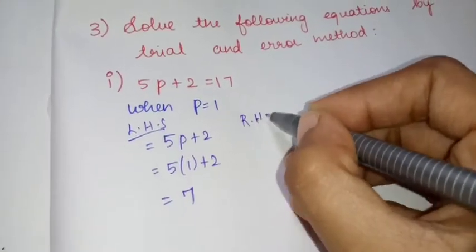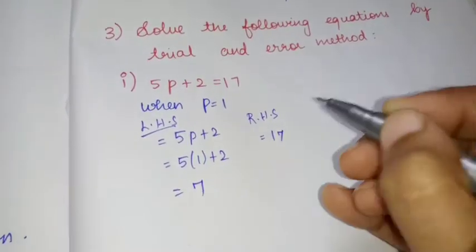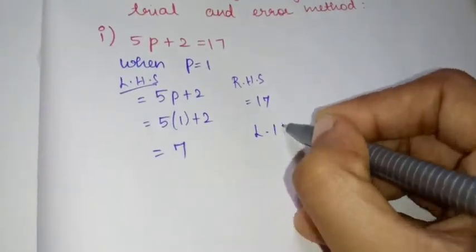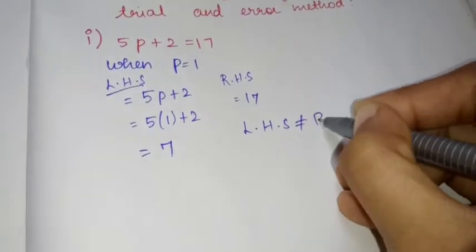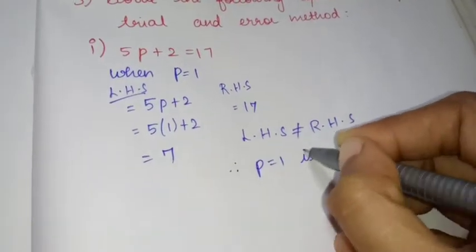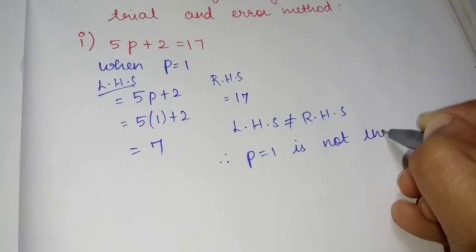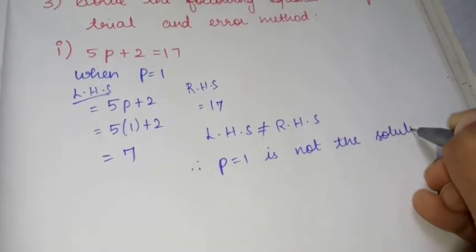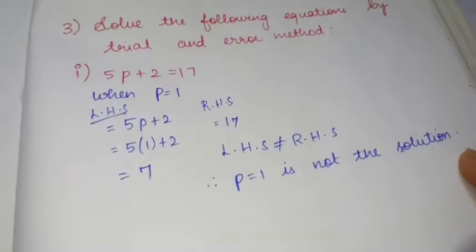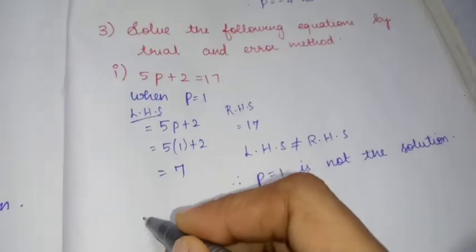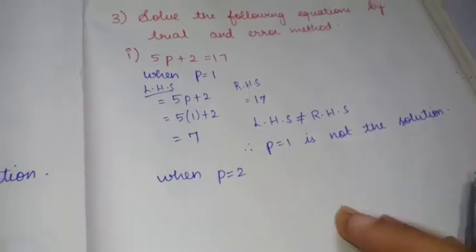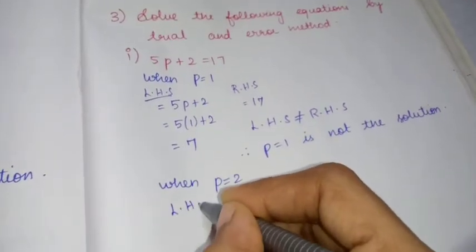RHS is what? 17. So, this is not possible. LHS is not equal to RHS. Therefore, p is equal to 1 is not the solution. Just trying. When we try p is equal to 1, we are not getting the solution. Next, when p equal to 2, what is LHS now?